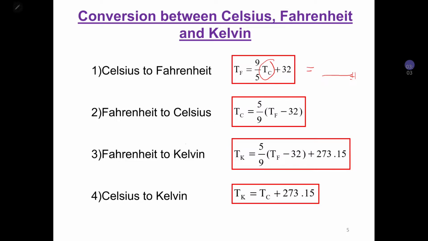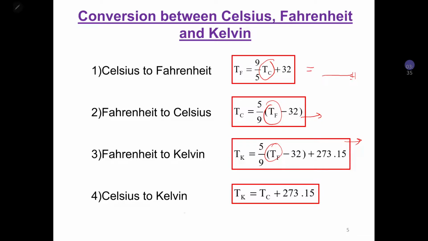For Fahrenheit to Celsius, you use 5/9 times the temperature in Fahrenheit minus 32, and then you get the temperature in Celsius scale. For Fahrenheit to Kelvin, it is 5/9 times the temperature in Fahrenheit minus 32, plus 273.15, and then you get the temperature in Kelvin.